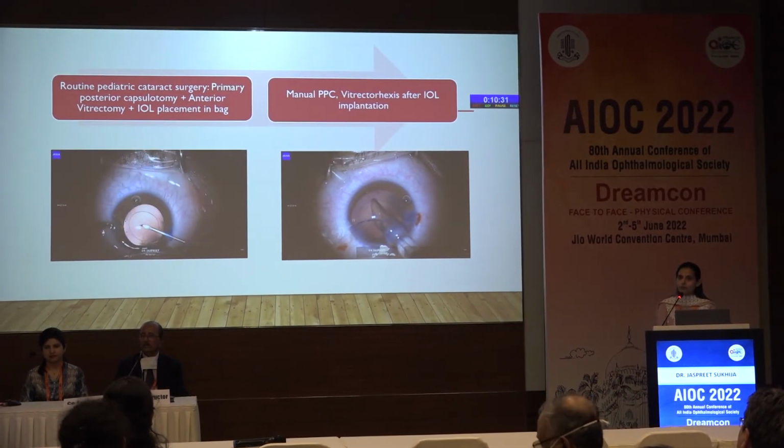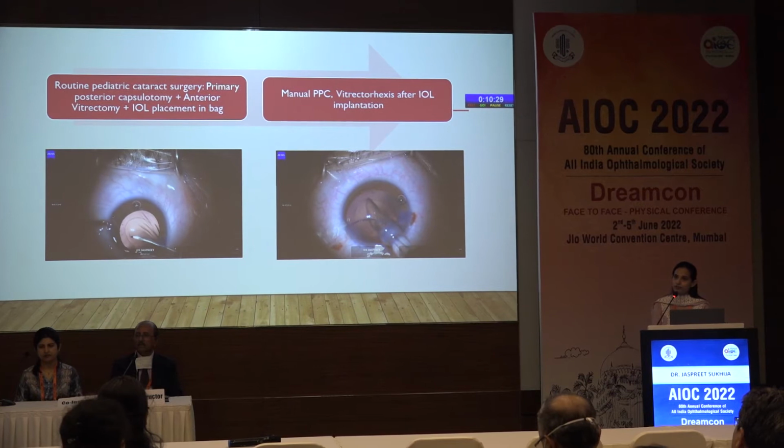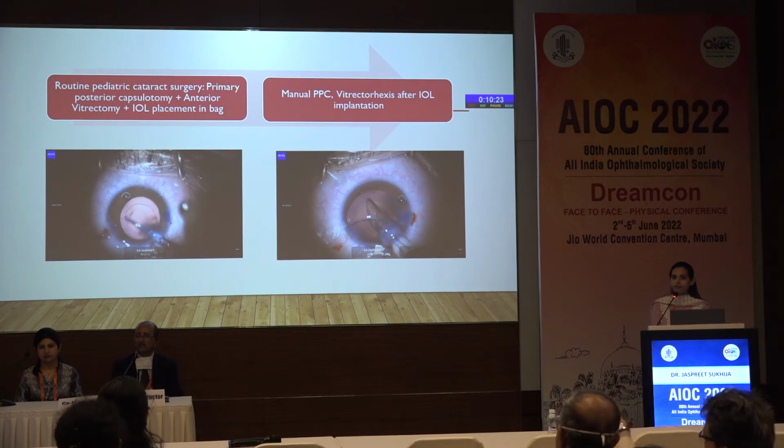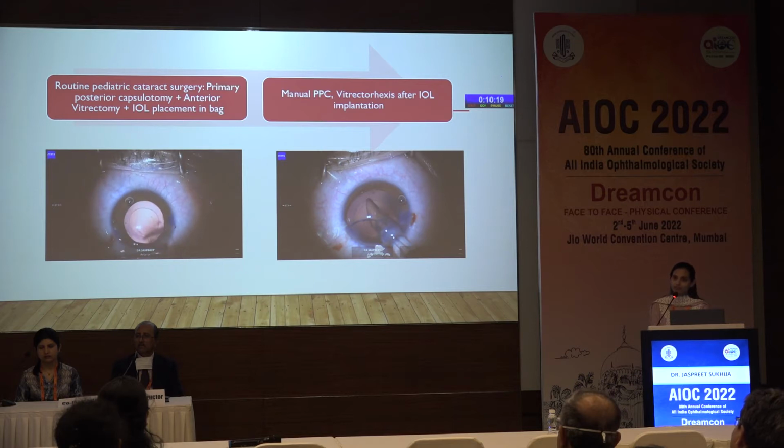You can do a posterior capsulorhexis either before or after intraocular lens implantation. Manual posterior continuous curvilinear capsulorhexis before intraocular lens implantation is the preferred and the better technique if you have the expertise to do that. Here we are using triamcinolone to stain the vitreous and then do a limited anterior vitrectomy.